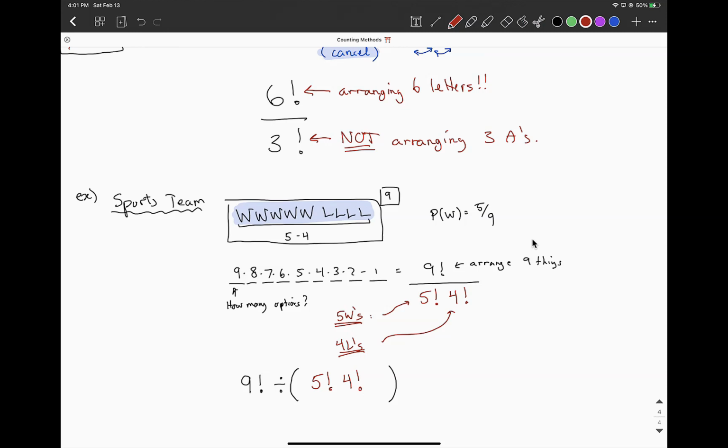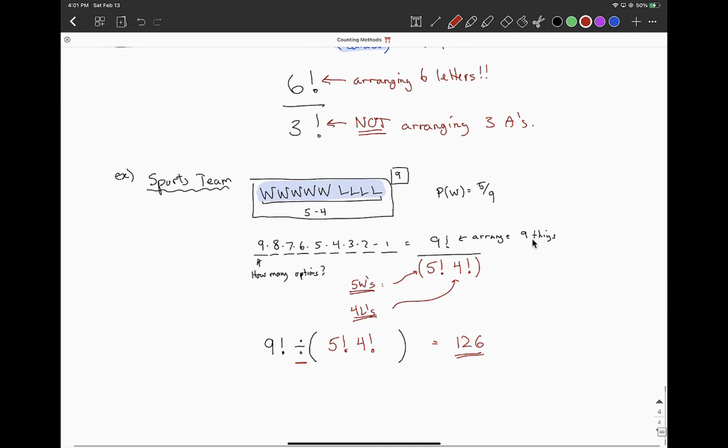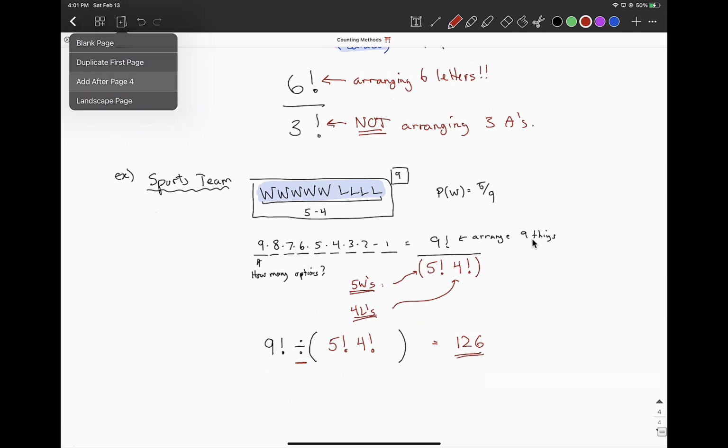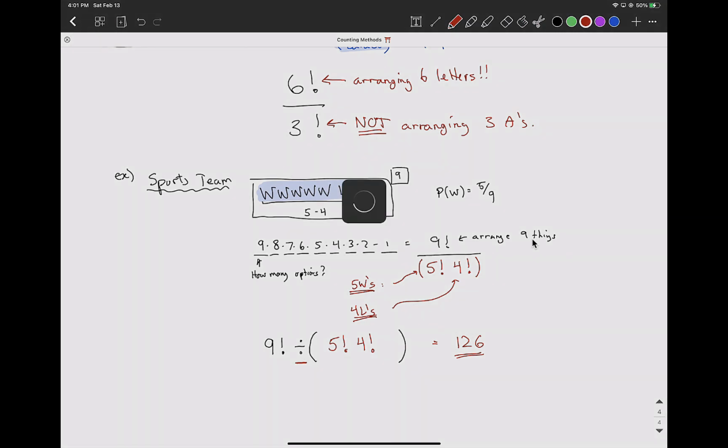It doesn't know that there are 2 different numbers on the bottom if you're only going to use one division sign. But in this calculation, 9 factorial divided by 5 factorial divided by 4 factorial would get me down to a number like 126.